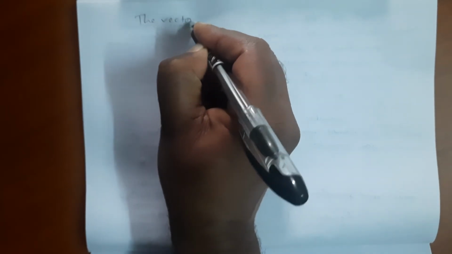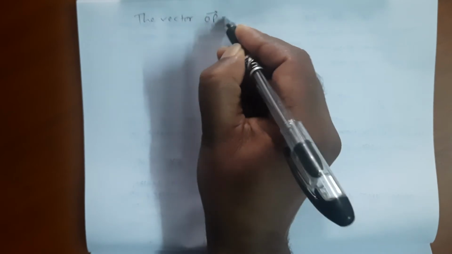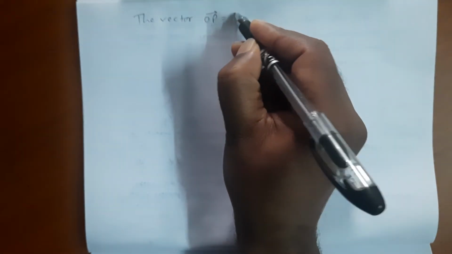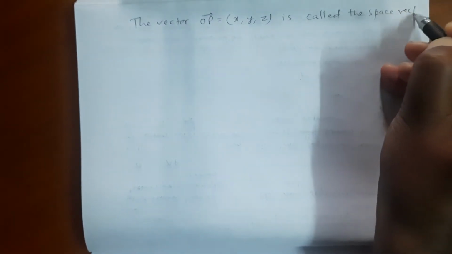Okay, now the vector OP equals x, y, z is called the space vector.